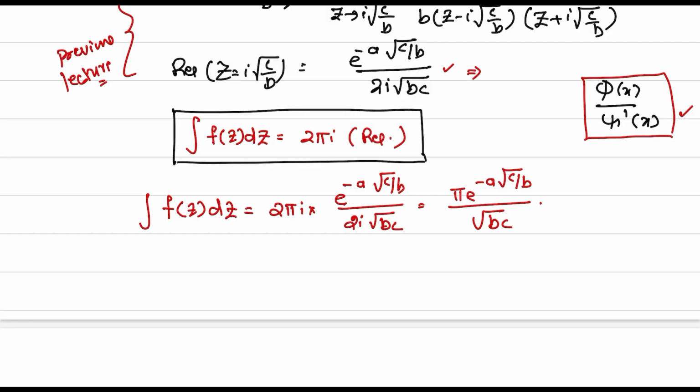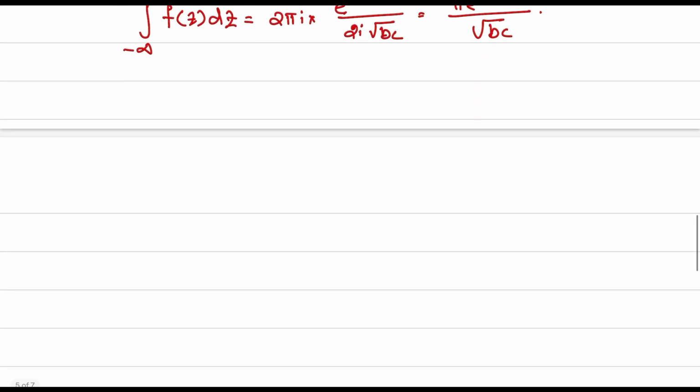Because this is for minus infinity to plus infinity, for which we have calculated. But what is required is 0 to infinity. Hence it should be half of it.